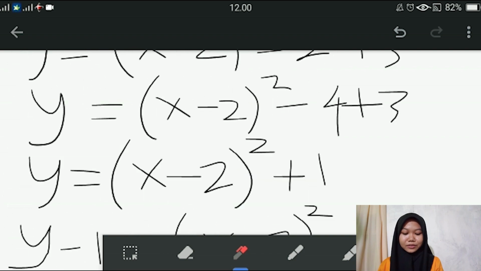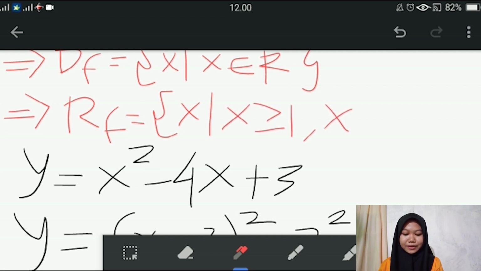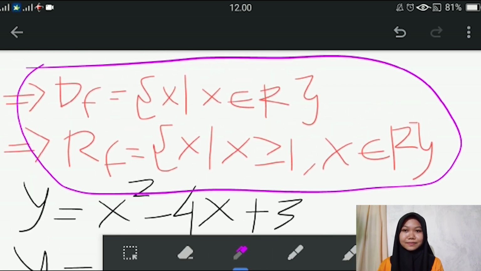So the range of the function is x with the provision that x is greater than or equal to 1, where x is a real number element. So we can determine the domain and range of the quadratic function. Thank you.